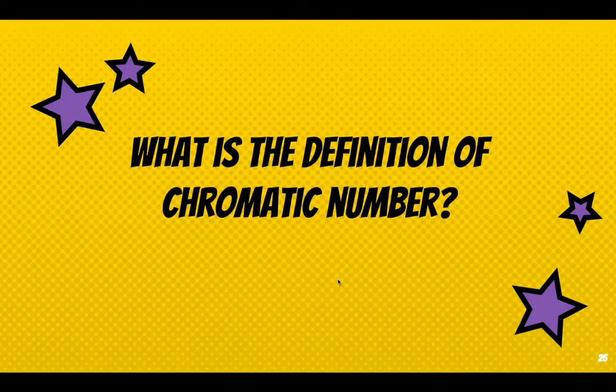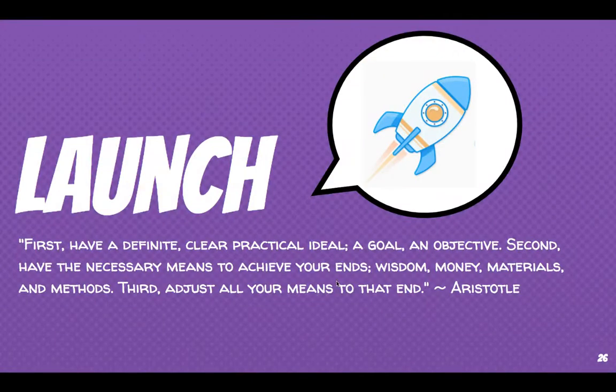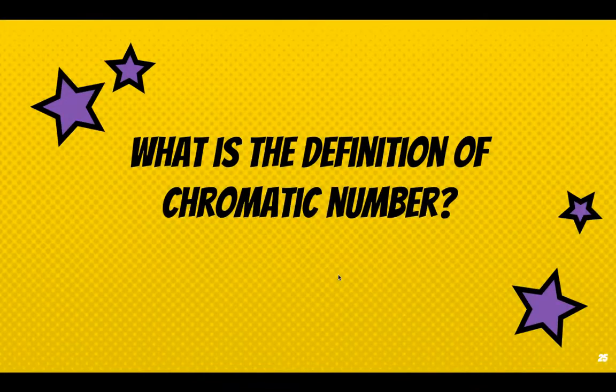All right, so what is the definition of a chromatic number? Also on your word wall. So it depends on whether or not you know what chromatic number is. That's kind of a review, I think. No, chromatic number is not a review. It's brand new. It is the minimum number of colors required to color all regions on a map where all adjoining regions, or regions that share a border, have different colors, okay?